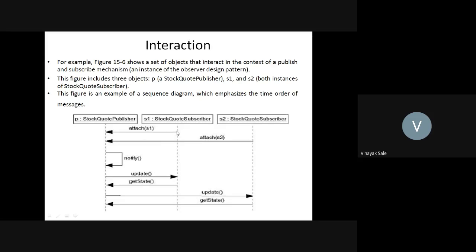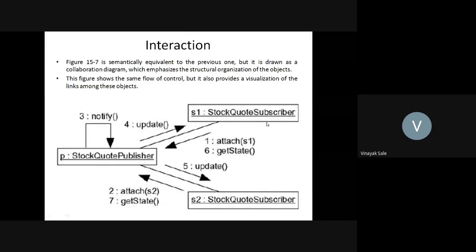So attach S1 to P, attach S2 to P. Then P notifies itself, then updates S1. Once it is updated, it gets state from S1 back to P. Similarly, it updates S2, and once it is updated, it gets state from S2 back to P. There are messages from one object to another, which is communication between objects and the class. So this is a semantically sequence diagram.